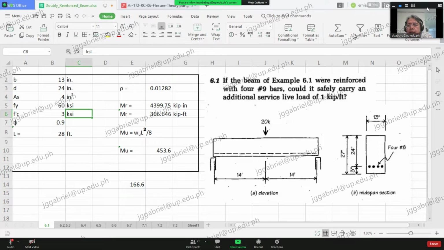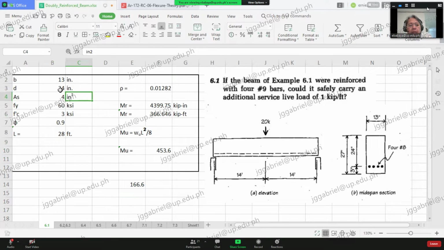Now, it says here, because originally the reinforcing bars are number 8. But in this problem, it says we're reinforced with 4 number 9 bars. So instead of number 8, number 9. Therefore, the area of steel would be 4 square inches. Mas maliit to dun sa example 6.1 kasi number 8.